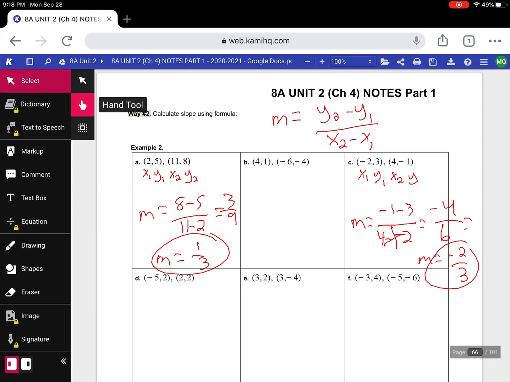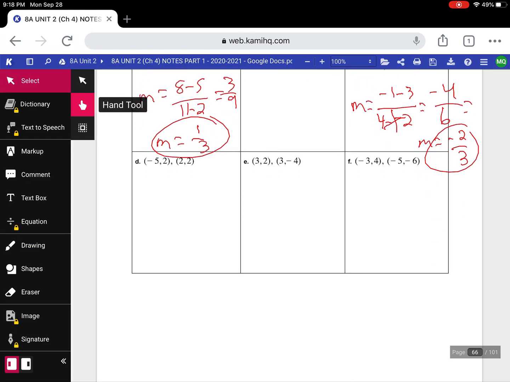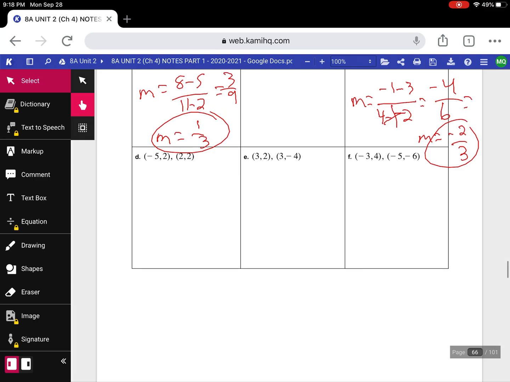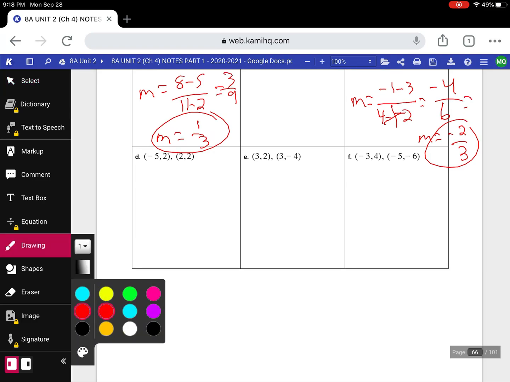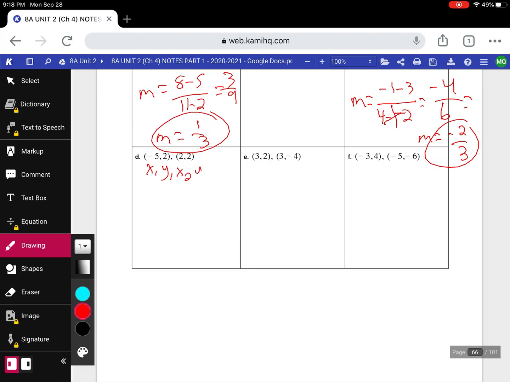Okay? Now some special cases here below. D, E, and F. I want to talk about D and E. Those are the two we're going to do today. Again, we label X1, Y1, X2, Y2. Now, when we do that, you're going to see 2 minus 2 over 2 minus a negative 5.